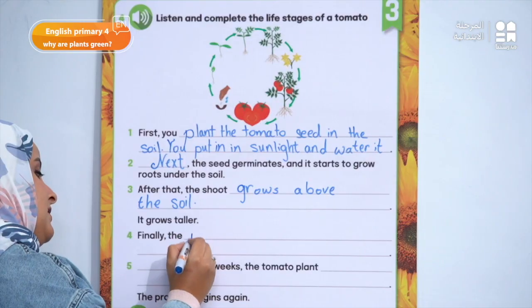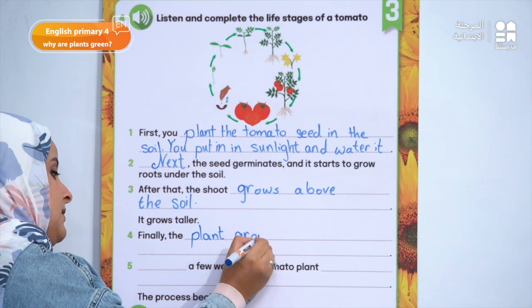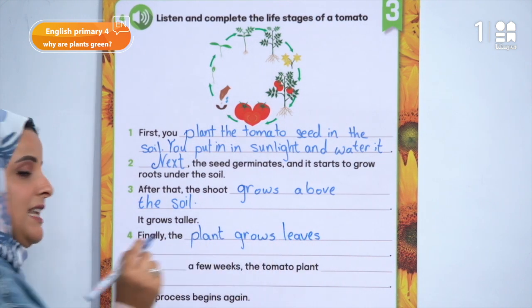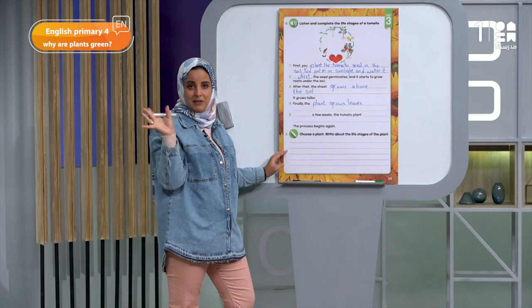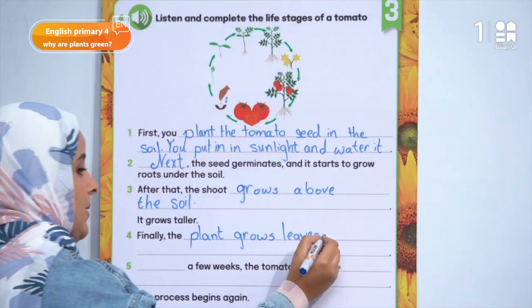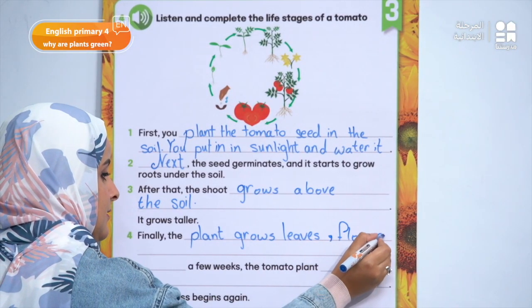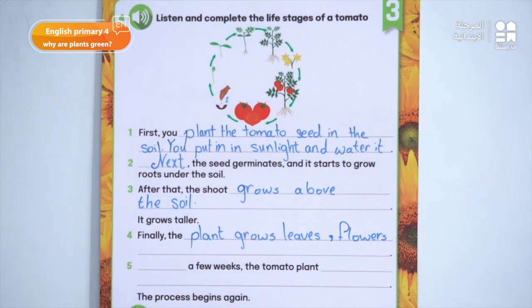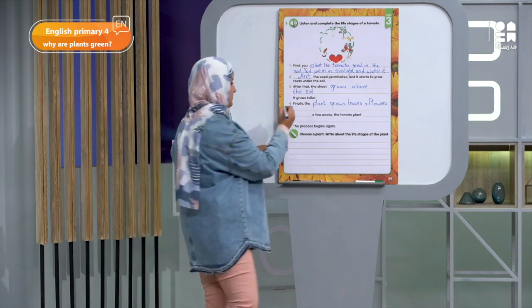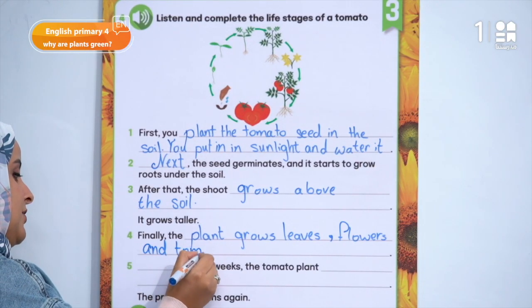So the plant grows leaves. The leaves grow, and the flowers too. So comma, flowers. Just flowers. Now where are the tomatoes? Very good. And tomatoes.